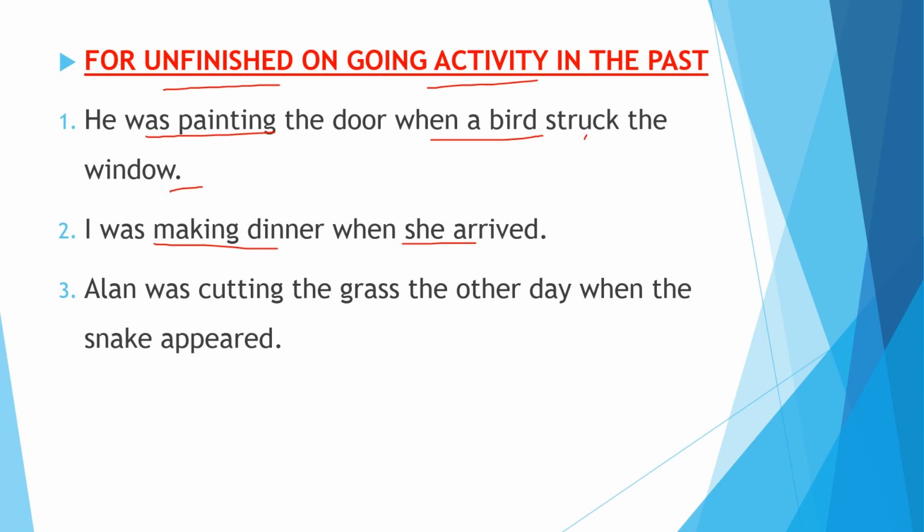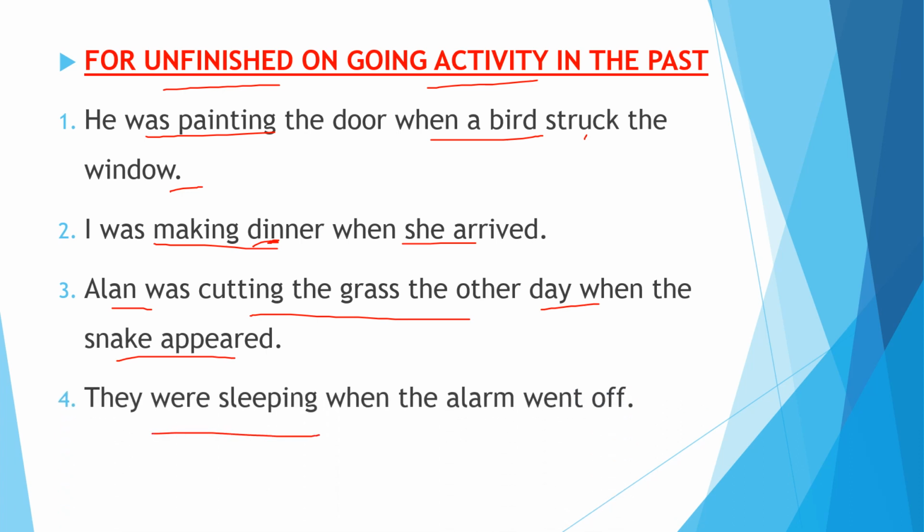Then I might have started talking to her and was interrupted in making dinner. Alan was cutting the grass the other day when a snake appeared. All of a sudden a snake appeared. So he ran from there or he started shouting. So what happened? Interruption occurred while he was performing that action. They were sleeping when the alarm went off. So this is how we talk about the unfinished ongoing activity in the past.